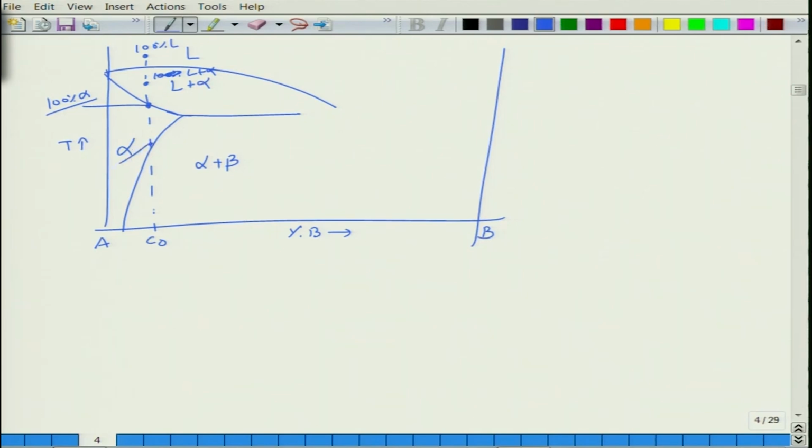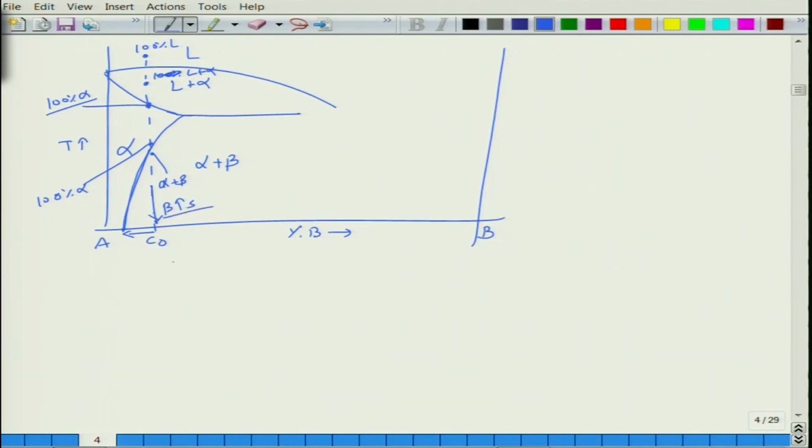Up to this point you have 100% alpha, but at this point you have alpha plus beta, and as you keep going down, the solid solubility of B in A goes down. So, the amount of B that can be kept in the A lattice goes down. As a result, the beta content increases as you cool down.